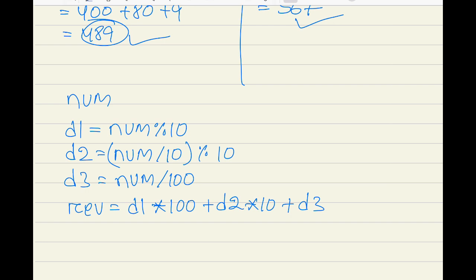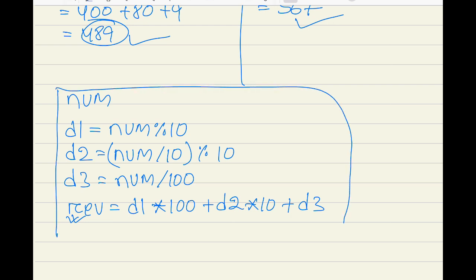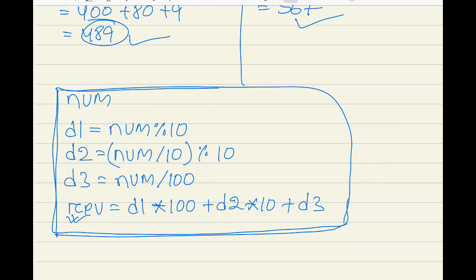So this reverse value becomes d1 into 100 plus d2 into 10 plus d3. So using this concept we can write the program.